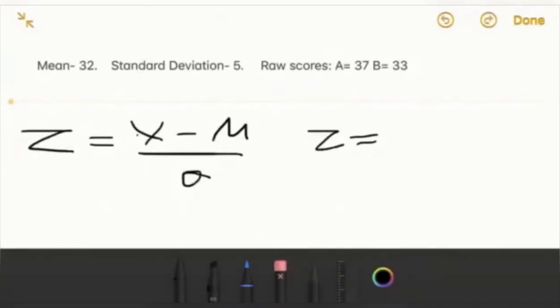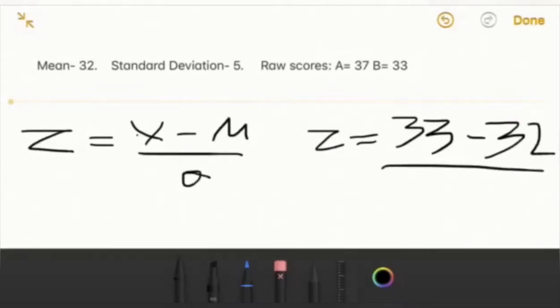Now let's proceed to getting the z-score for B. The raw score, X, is equal to 33, minus the mean, 32, over sigma, or the standard deviation, which is 5. First, as I've said before, we must subtract before dividing. 33 minus 32 is equal to 1, and copy the denominator.